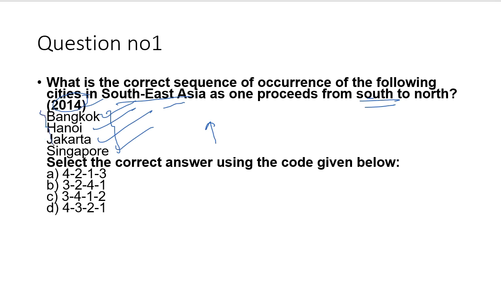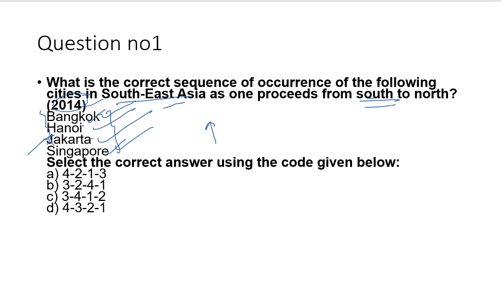Among these four cities, the southernmost one is Jakarta, the capital of Indonesia. Then comes Singapore, an island nation situated on the Strait of Malacca, the choke point of Southeast Asia. Northward of Singapore comes Bangkok, capital of Thailand.